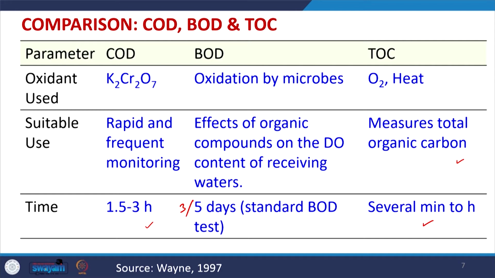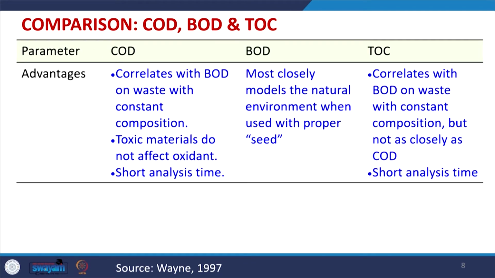Now, suitable use. COD is a very good estimation technique for determining the total oxygen demand, but if you have to find out only the biodegradable fraction, we have to find out the BOD value as well. Certain advantages and certain disadvantages are there with each method. With COD, the advantage is that it can be correlated with the BOD and it is a faster method.